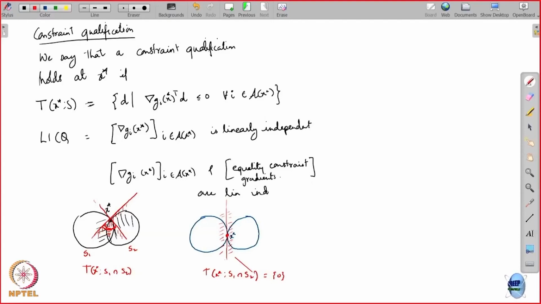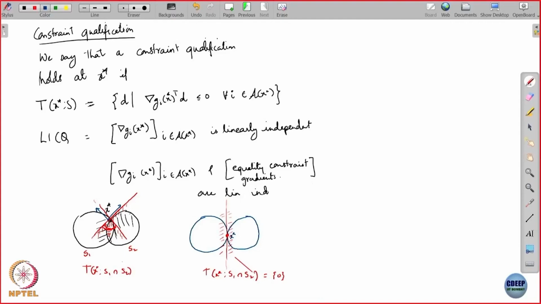And you can see here that what has failed is linear independence. The gradient with respect to the constraint S1 was normal here, the gradient with respect to S2 was normal here, and the intersection of the individual tangent cones was giving us the correct tangent cone.